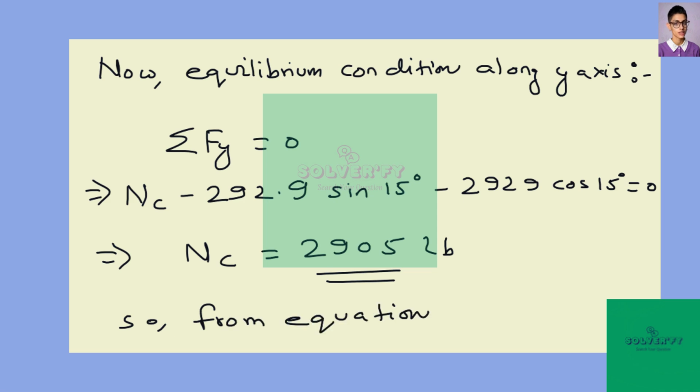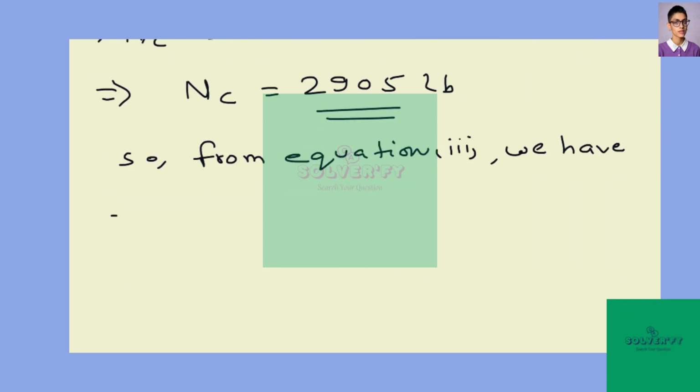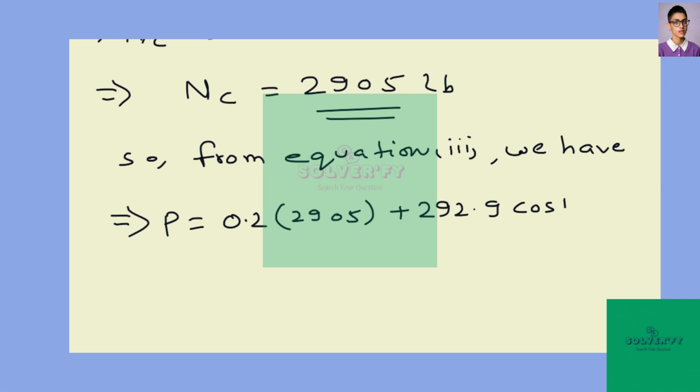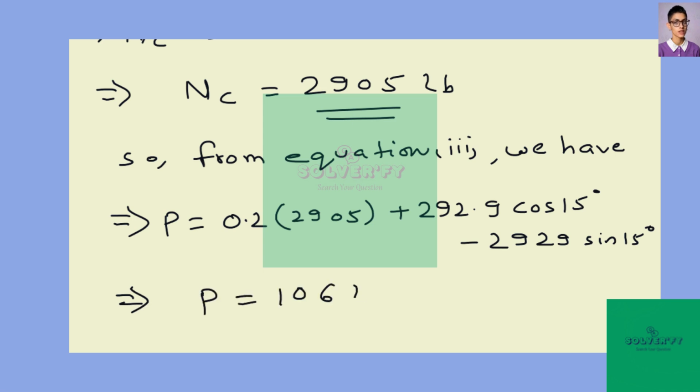So from equation 3, we have P is equal to 0.2 into 2905 plus 292.9 cos 15 degrees minus 2929 sin 15 degrees. On solving, we get P is equal to 106 lb. That is the answer.